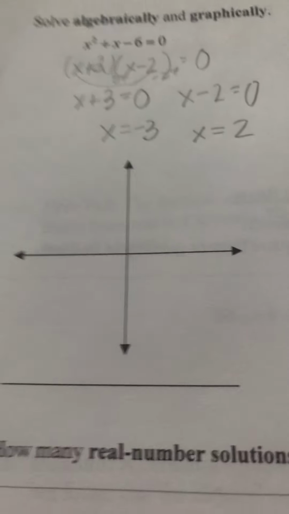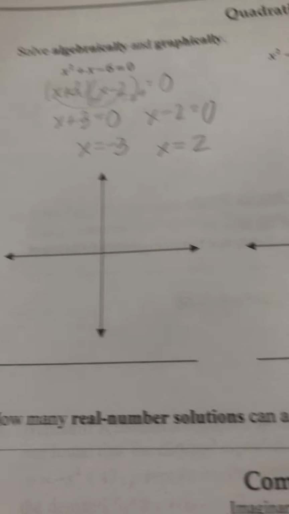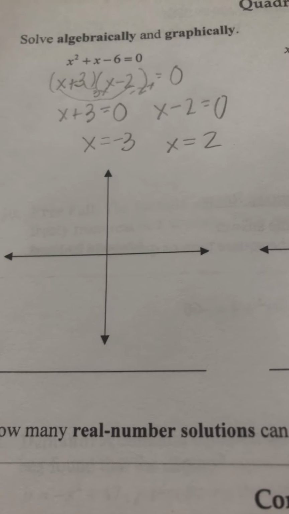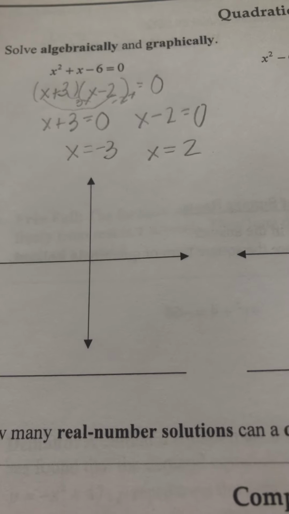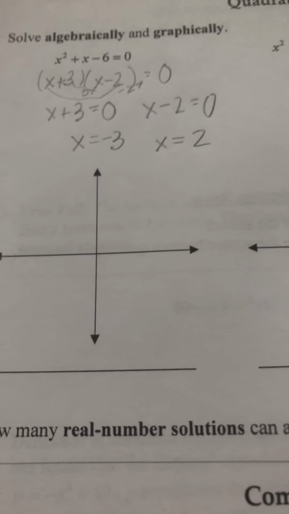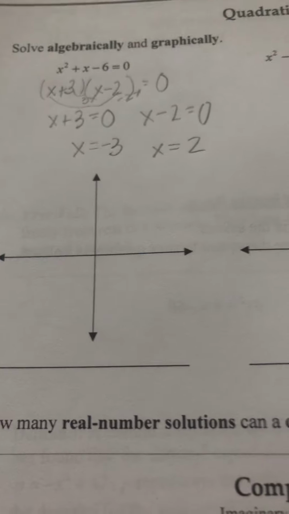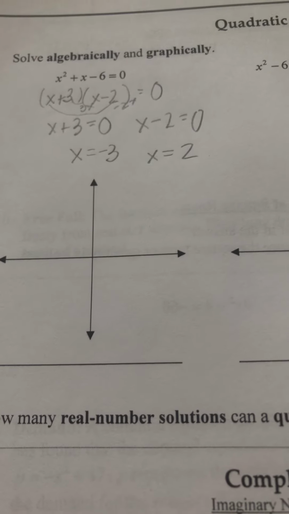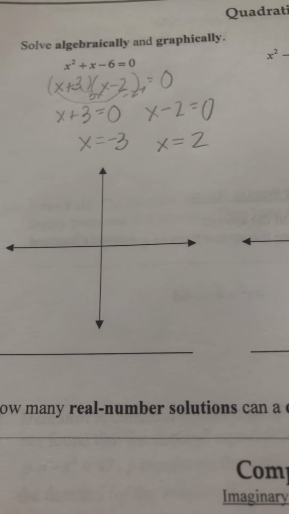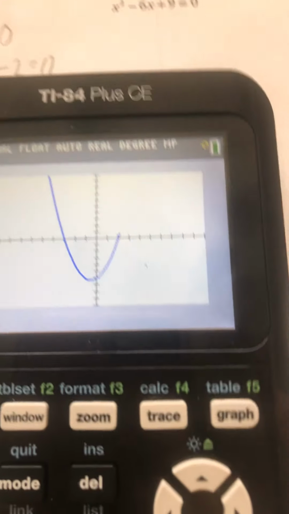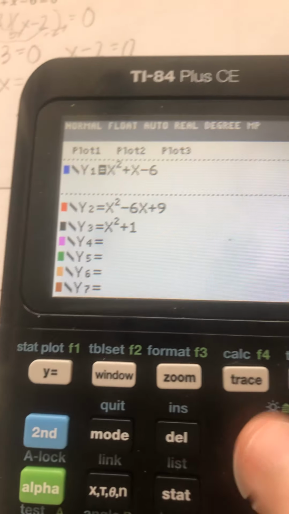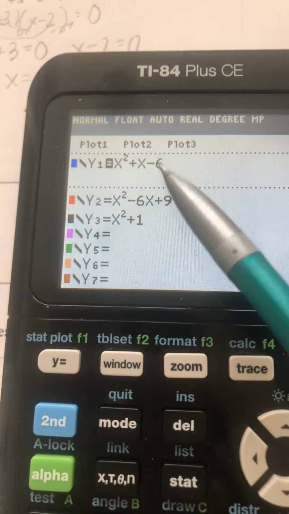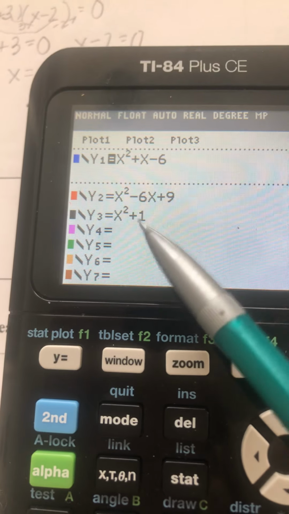So let's look at the graph of this, because you want to solve it algebraically and graphically. We did these in that same unit. So here's the graph of that. Look at the y equals. I typed that in, and I have those typed in for the next two.